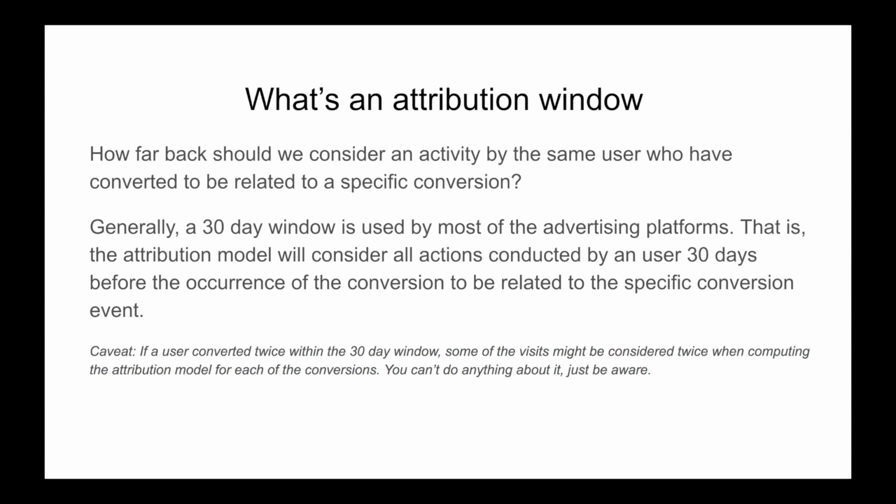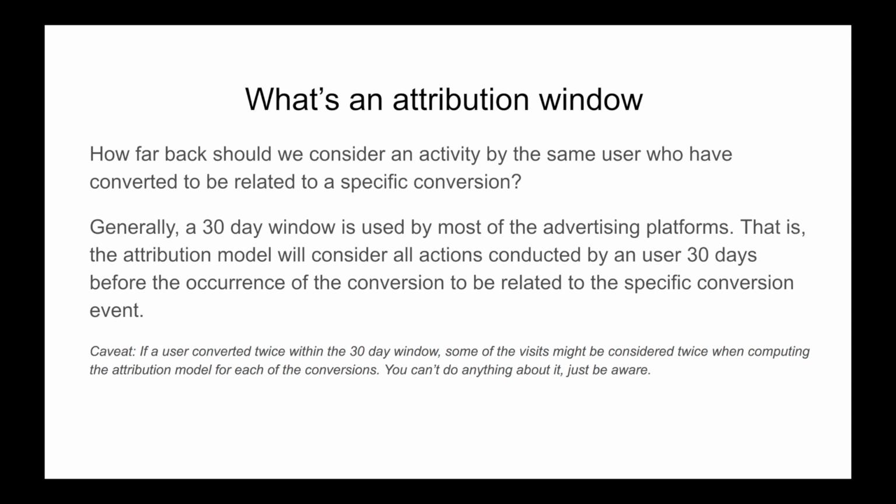For example, if your attribution window is 30 days and a user visited your site 31 days ago and converted 31 days later, that initial visit is not considered part of your attribution model because it's too far back. But if the user visited 20 days before your conversion, we consider that and we give some credit for that specific visit. Generally, most platforms use a 30-day attribution window. I think that's pretty good.